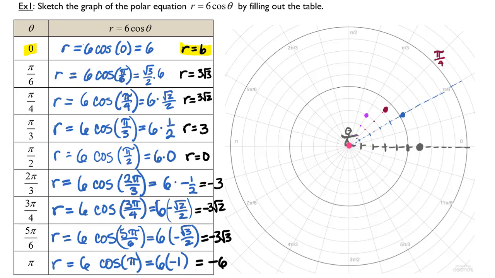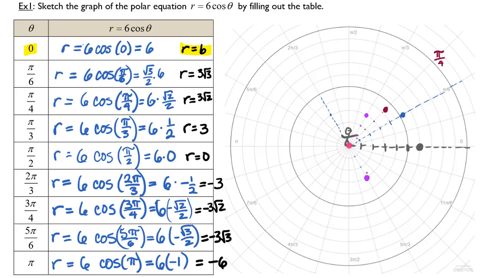Next, I'm at 2 pi over 3. So I'm looking out this way, but notice that my radius becomes negative 3. So now instead of moving out in the positive direction, the way I'm looking, I'm going to back up 3. So this will be 1, 2, 3 in the opposite direction.